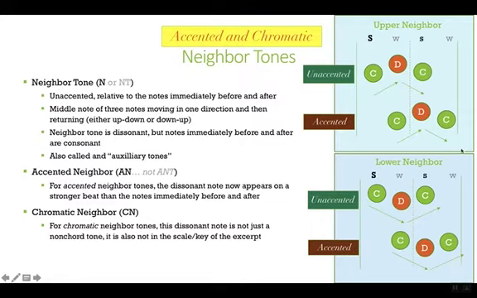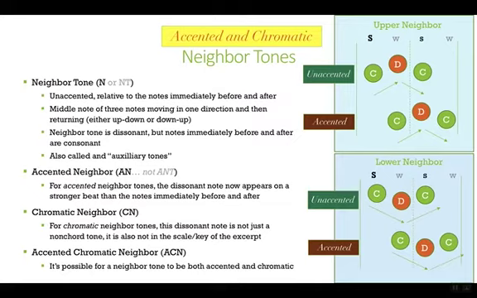So you could do that. And similarly, you could still do that if it's shifted so that the A flat is accented. And then just the last thing, it's perfectly fine for a single note to be both accented and chromatic. Possible for a neighbor tone to be both accented and chromatic.